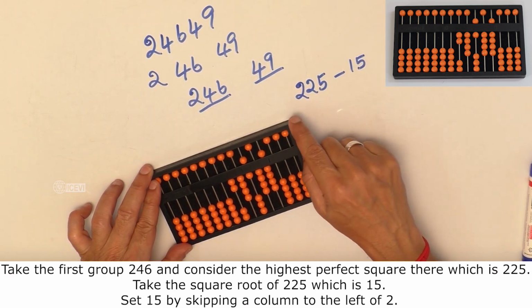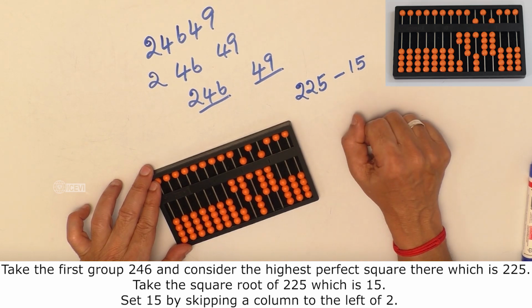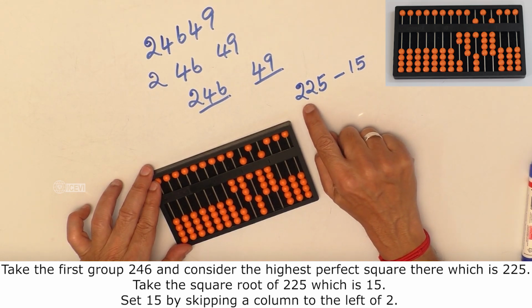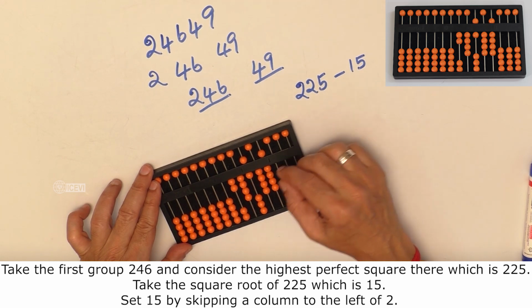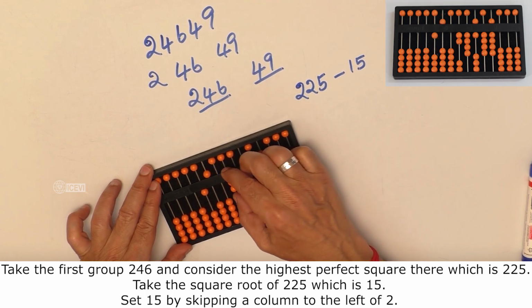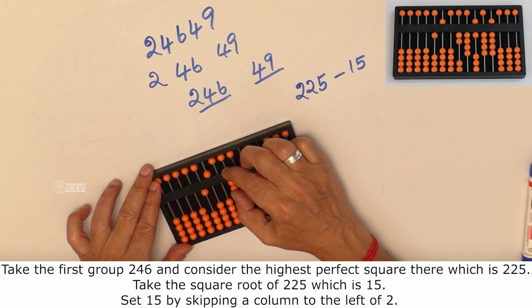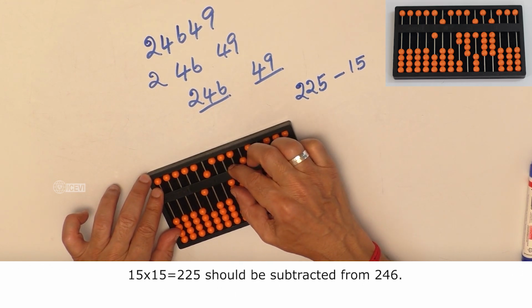Now let us take the group 246, and 15 is the square root of the perfect square 225, and therefore set 15 by skipping a column to the left of 2. Now 15 multiplied by 15 is 225.